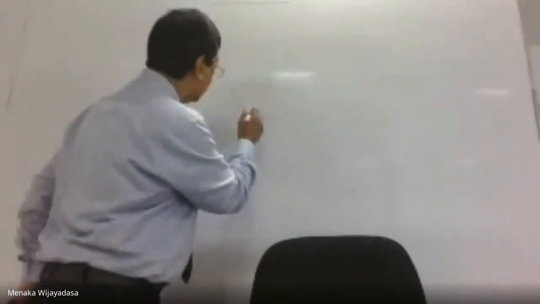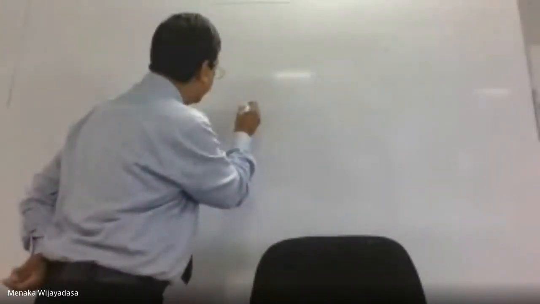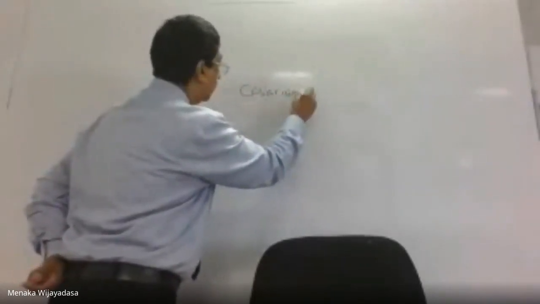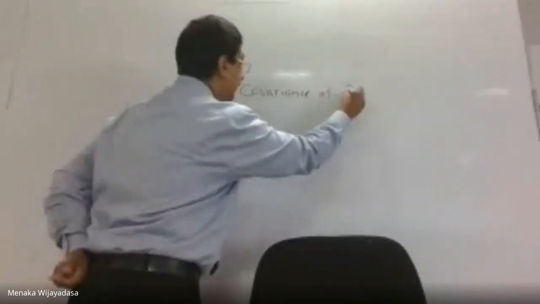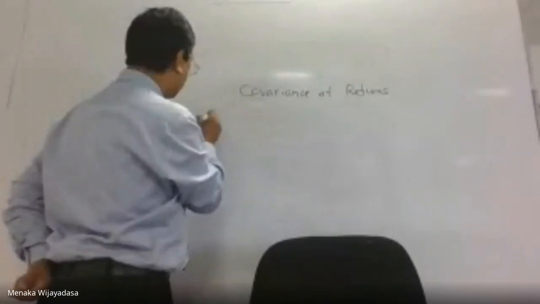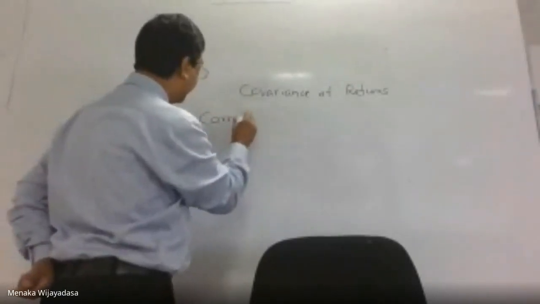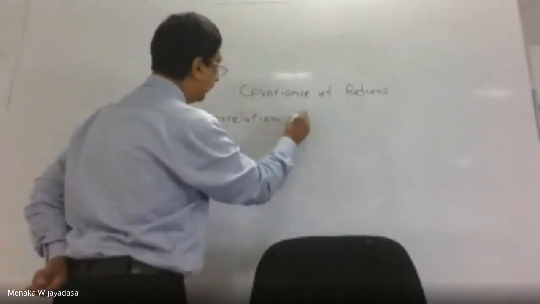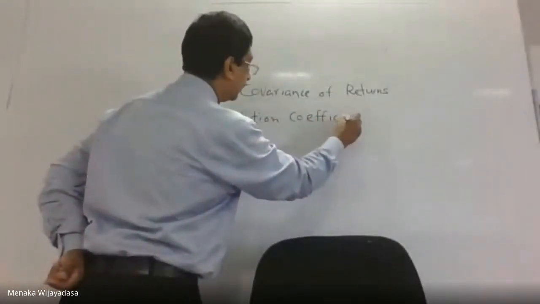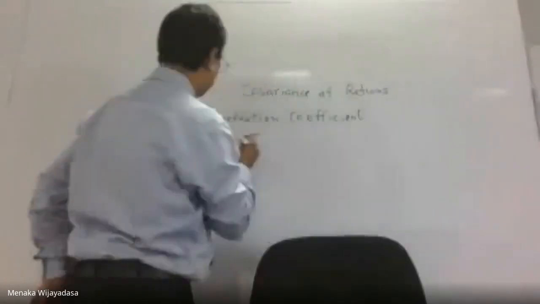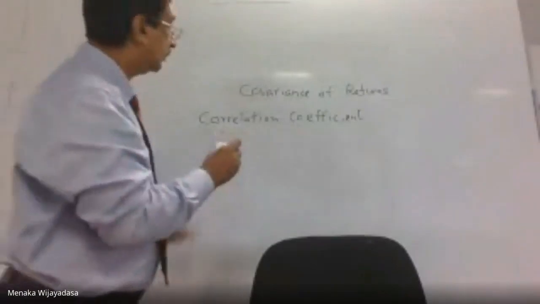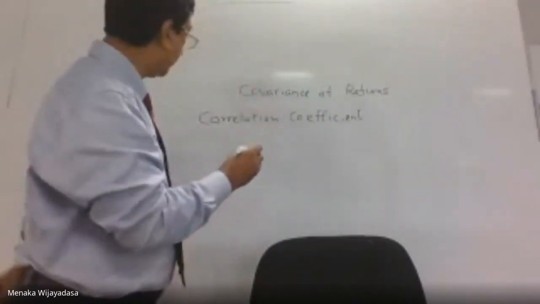Now, we are referring to the covariance of returns. Then we refer to the correlation coefficient. Now, what is the relationship between these two?